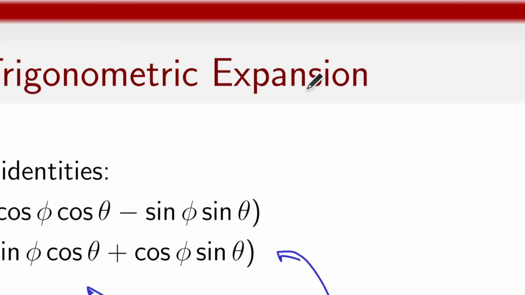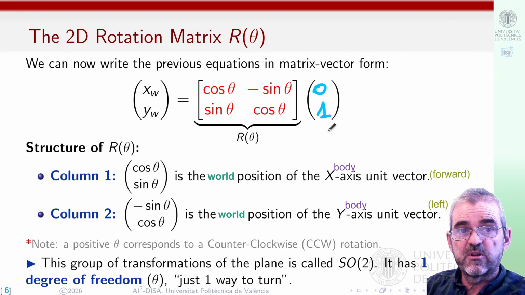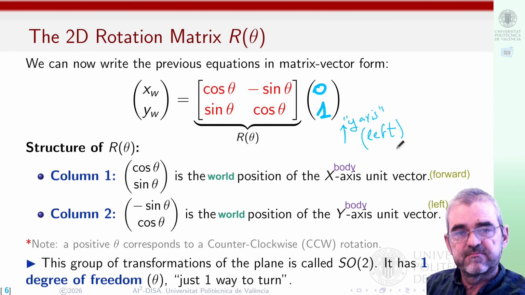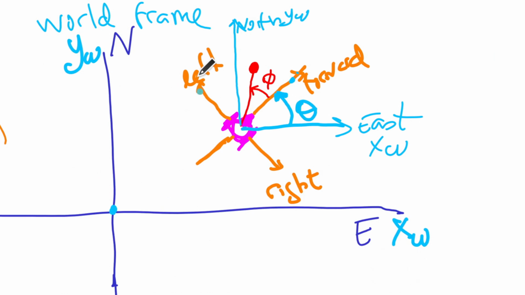And the second column of the rotation matrix, if I multiply by 0, 1, which is the y-axis leftwards things, this left thing here in body frame, well, this is theta, and then of course cosine will go pointing north and sine will go pointing west, which is the negative x in world coordinates.